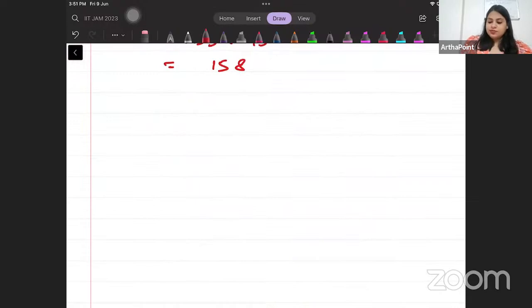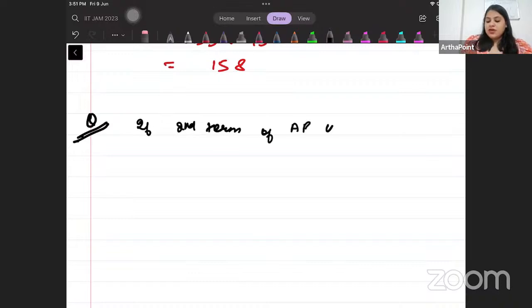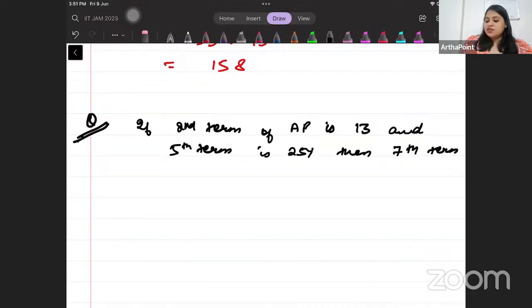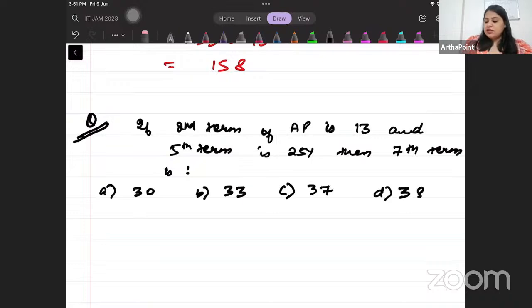Now, I'm giving you one question and this is for you to practice. If the second term of an AP is 13 and the fifth term is 25, then the seventh term is: A 30, B 33, C 37, and D 38.